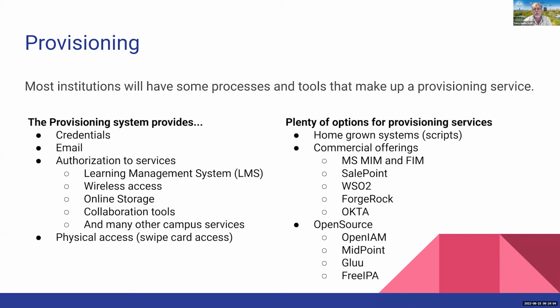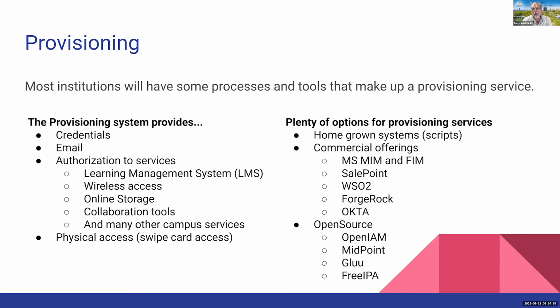So they'll authorize students to access the learning management system and probably restrict it to the course content that their particular course enrollment will allow them to access. So they may not be able to see all of the learning material for the whole university. They only see stuff specific to their current course.